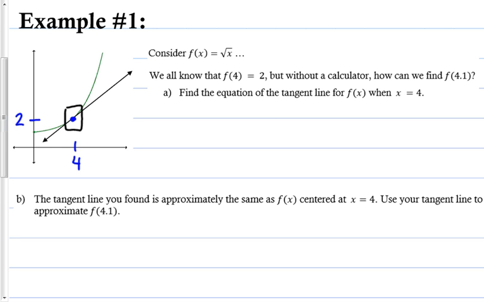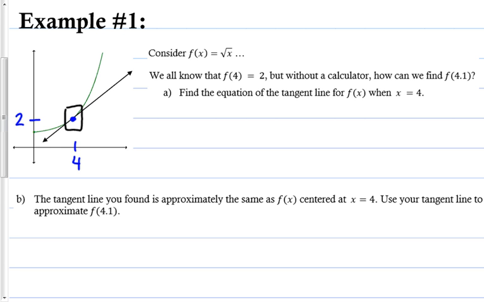And in the first example, we're actually going to be able to find, or at least approximate, the value for the square root of 4.1 without using a calculator. Okay, so we all know that f of 4 equals 2, but without a calculator, how can we find f of 4.1?